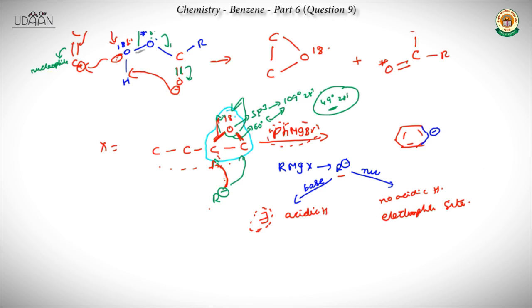Now see, if it attacks from this side, the R minus suffers steric hindrance or steric repulsion from this ethyl group and the hydrogen. Of course the hydrogen effect is negligible, but substitution requires a sterically free side, and this is sterically free.